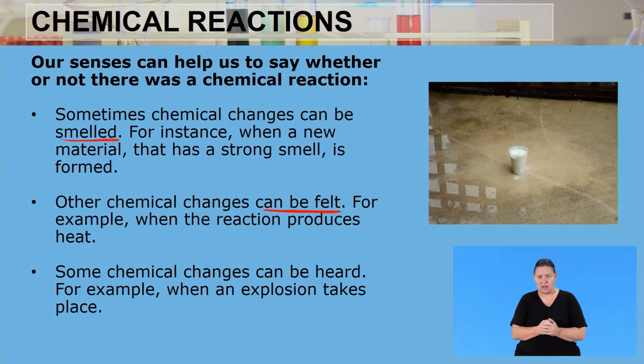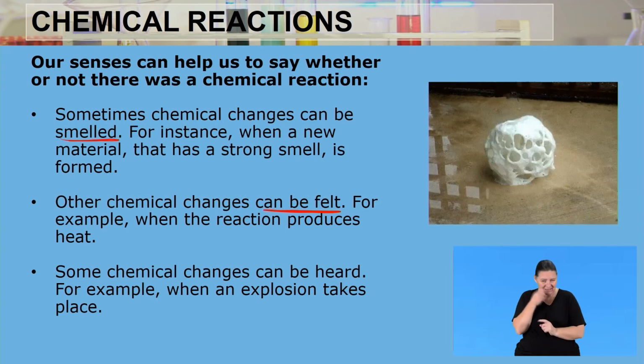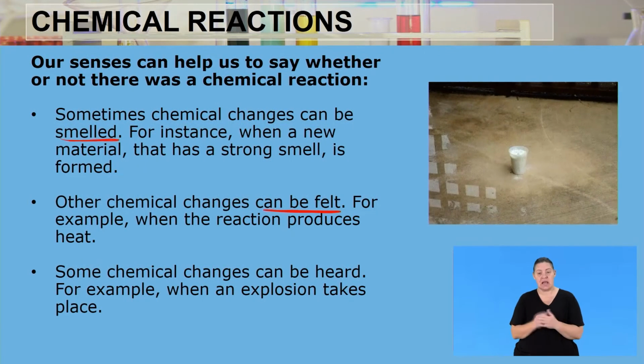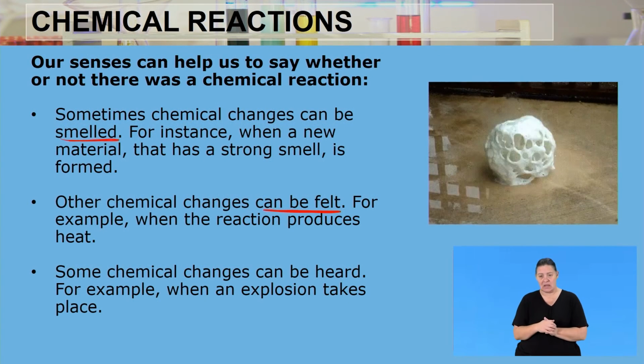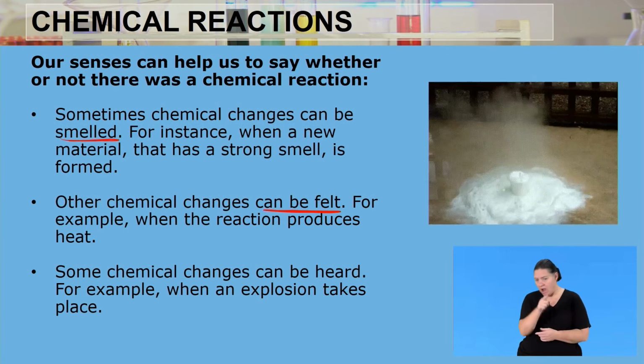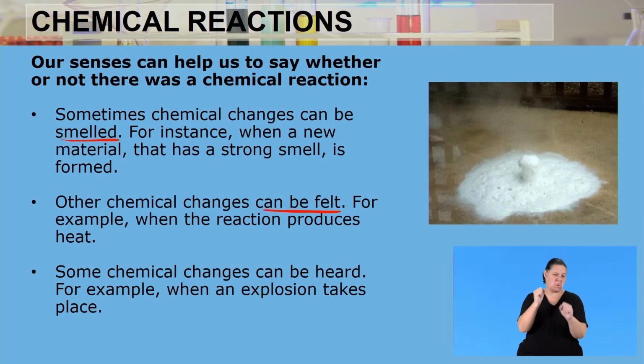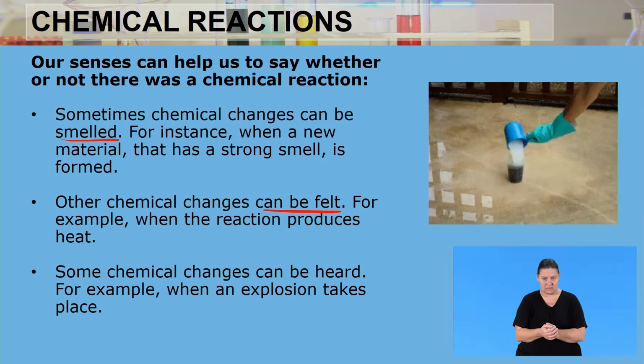For an example, when a reaction produces heat, you know that sometimes when you're mixing two things, there can be heat being produced in that particular reaction flask. And also, you should not just go to that reaction flask and just touch it, right? And then the last one, some chemical changes can be heard. So sometimes you can hear from a distance that there's an explosion that has taken place.